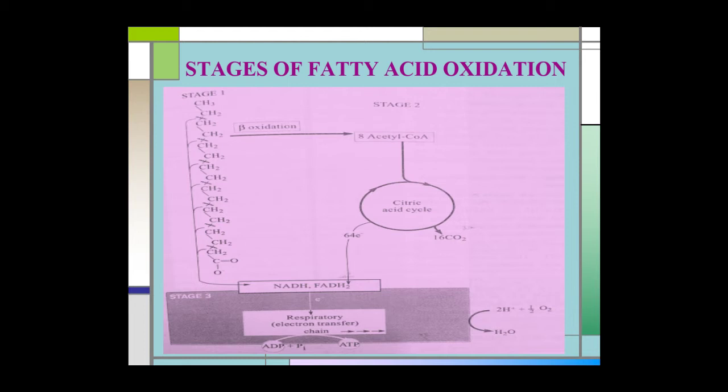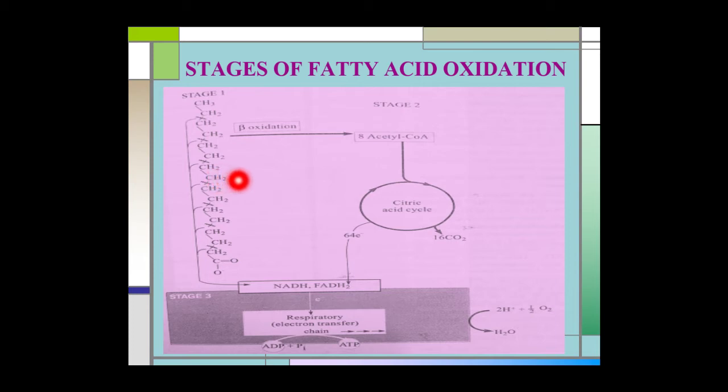Stage first. In this stage, the fatty acid undergoes oxidative removal of successive 2 carbon units in the form of acetyl coenzyme A, and it starts from the carboxyl end of the fatty acyl chain. It undergoes 7 passes through this oxidative sequence, and in each pass it loses 2 carbons as acetyl coenzyme A, in the case of C16 fatty acid palmitic acid.